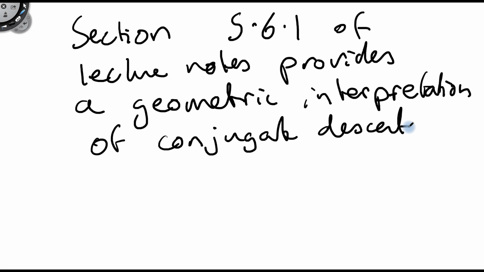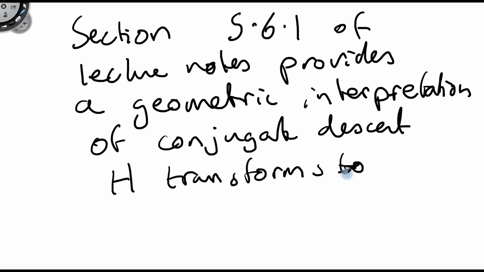Basically, often this conjugate gradient descent is, in the literature, just presented as a method, and then they state the conjugacy and say, wow, it works. Well, actually, there was one author that I found who interpreted it in terms of the distortion of the function. So essentially, your H transforms the function.